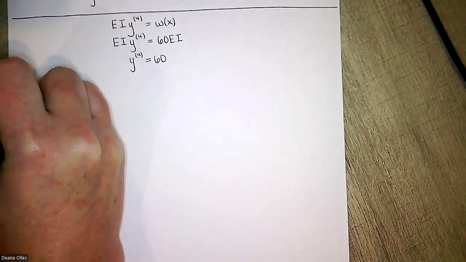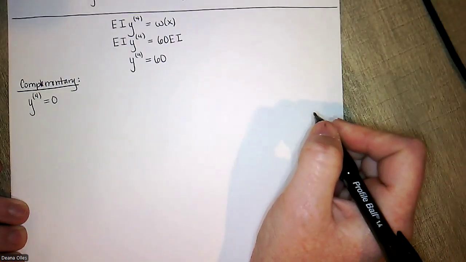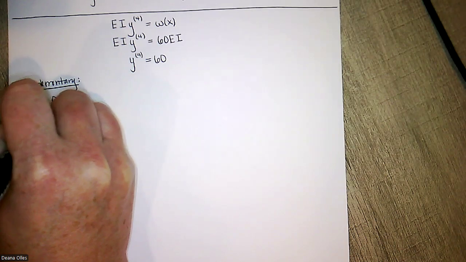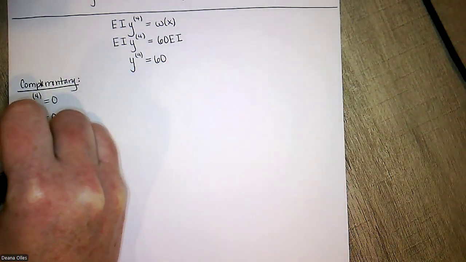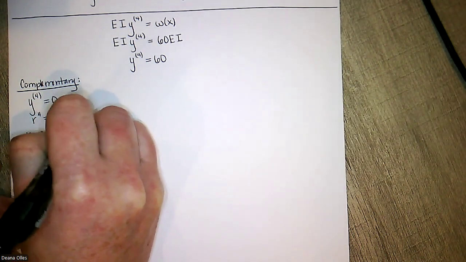All right, so the complementary solution comes from the homogeneous equation, fourth derivative of y equals 0. The characteristic equation is r to the fourth equals 0, which means r1 equals r2 equals r3 equals r4, and they are all 0.